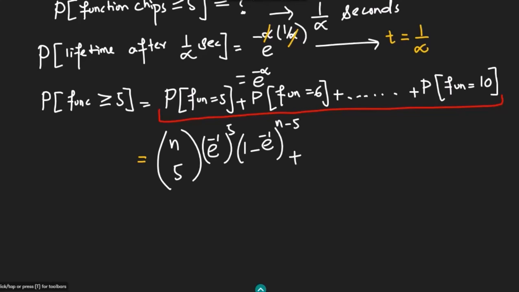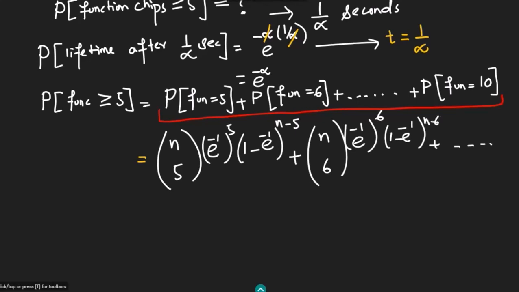Similarly for 6, n choose 6, exponential of -1 to the power 6, and 1 minus exponential of -1 to the power n minus 6, and so on up to n choose 10, exponential of -1 to the power 10, and 1 minus exponential of -1 to the power n minus 10.